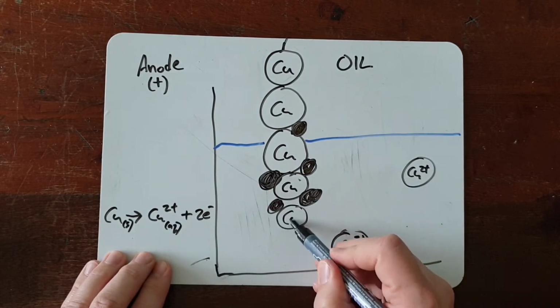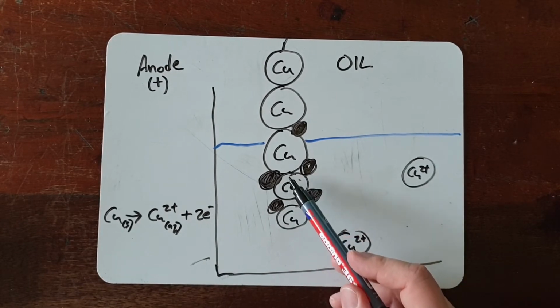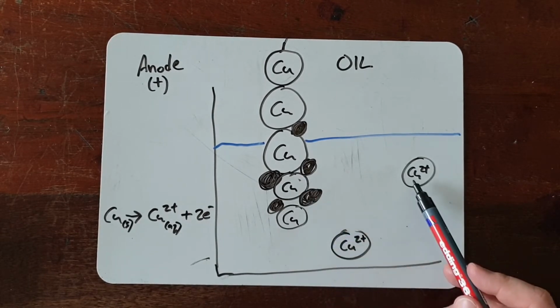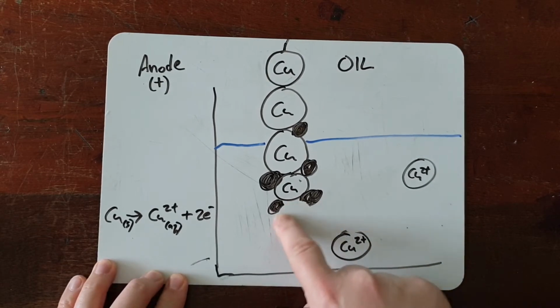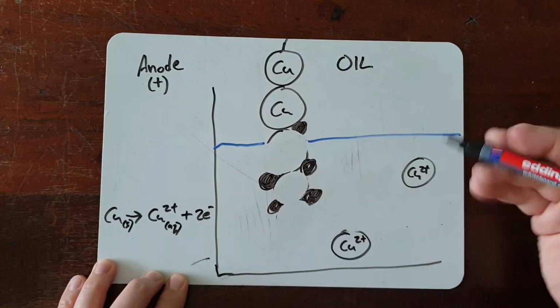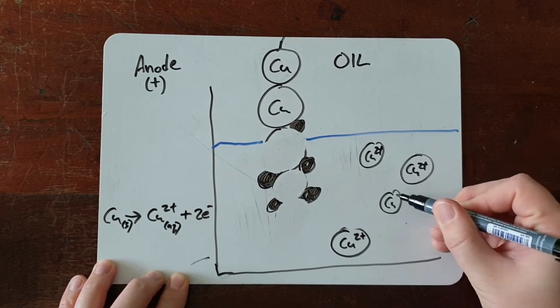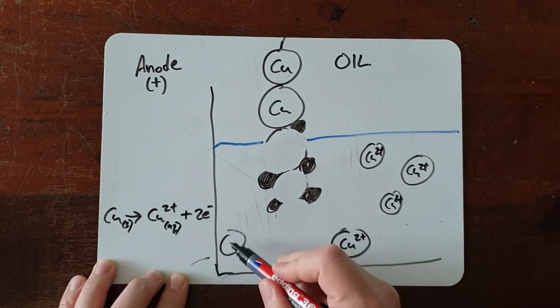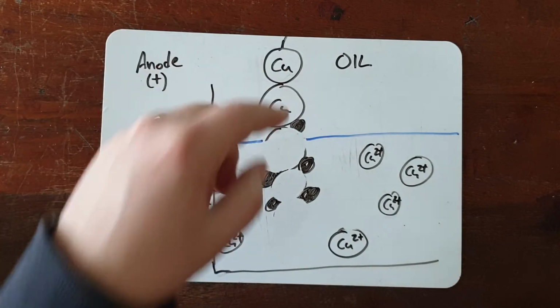But then, if you imagine, gradually all of these bits of copper are going to get oxidized. They're going to turn into Cu2+. And so when those have turned into Cu2+ and dissolved, we're going to have more Cu2+, Cu2+, Cu2+. So the copper ions have gone from solid as part of the anode.